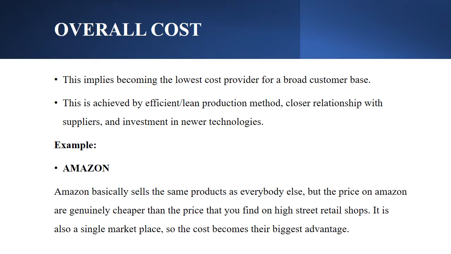Example of this is Amazon. Amazon basically sells the same products as everybody else, but the prices on Amazon are genuinely cheaper than the prices that you find on high street retail shops. It is also a single marketplace, so the cost becomes their biggest advantage.